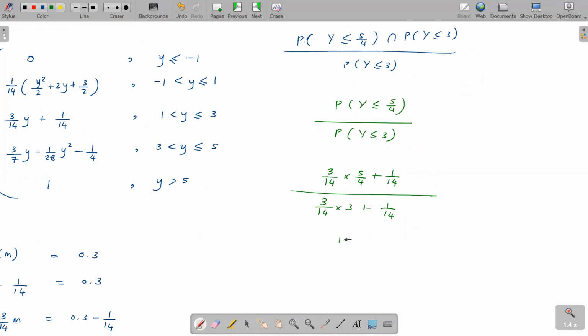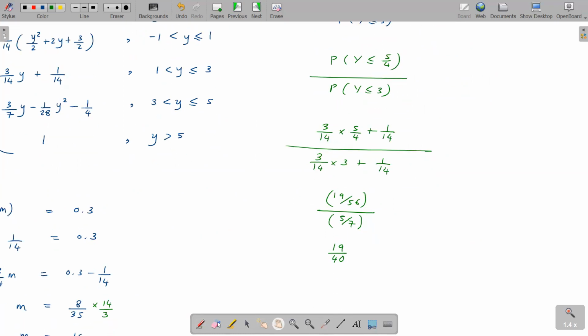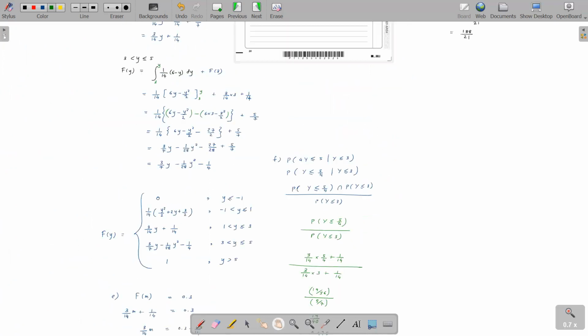The top part is 19 over 56. Divided by the bottom part, which we got previously, 5 over 7. 19 over 56 divided by 5 over 7 is 19 over 40, which is 0.475. Or you can leave it as 19 over 40. Either answer is fine. Is this clear?